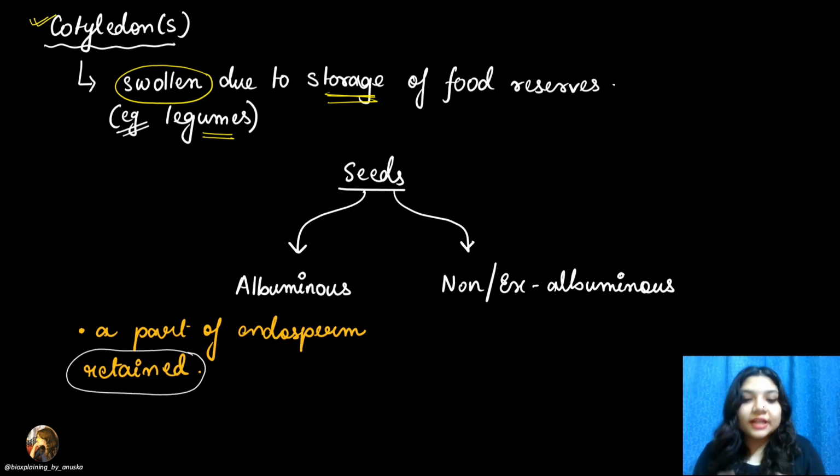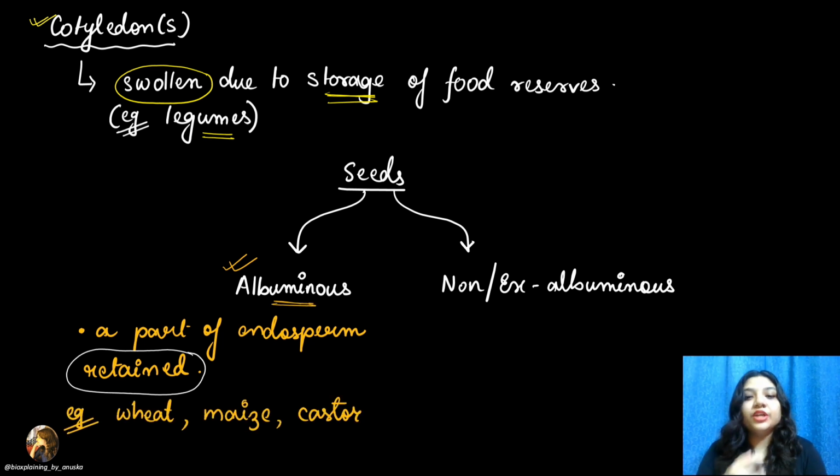We studied that in some seeds the endosperm is completely used up for the embryo formation. In some seeds, some part of the endosperm is retained. The seeds where some part is retained are albuminous seeds, right? For example, you will get it in wheat, maize, castor, etc.